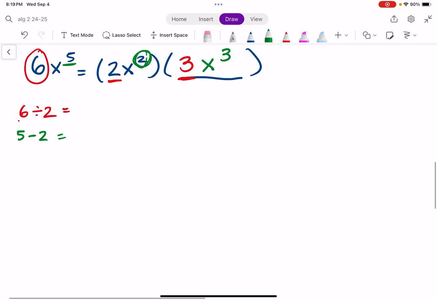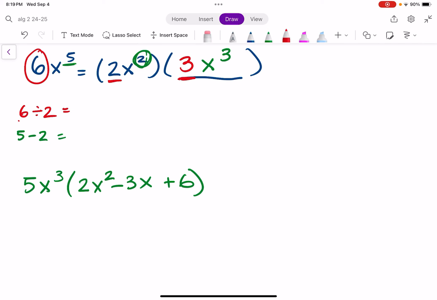We can also distribute exponents. So let's say we have 5x to the third, and then inside the parentheses we have 2x squared minus 3x plus 6. Again, when we have parentheses like this, to get rid of them, we distribute. Just remember, we have invisible exponents, and so we can go ahead. So 5 times 2 is 10, x to the third times x to the second.